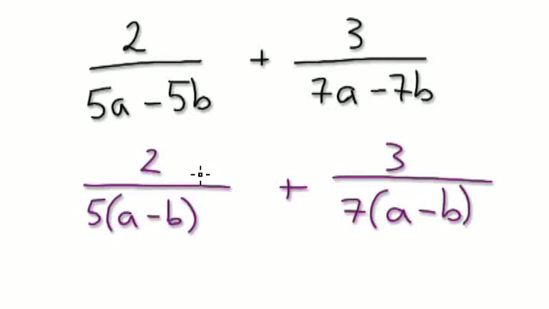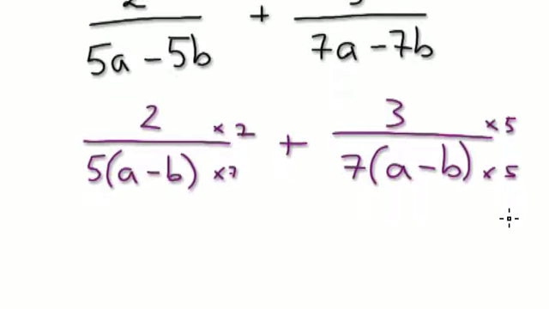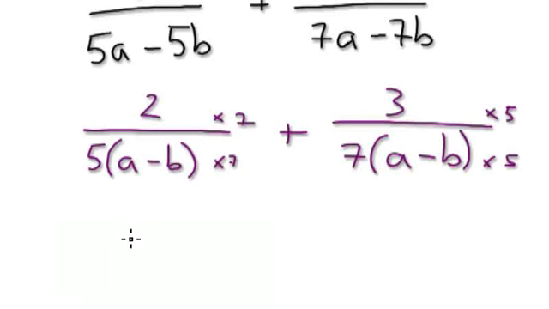So here you've got two fractions. Your aim is just to get the two denominators to be the same. You see, if you times top and bottom here by 7, and then times top and bottom here by 5, then the two denominators will be the same because you will then have this. The top will be 14.